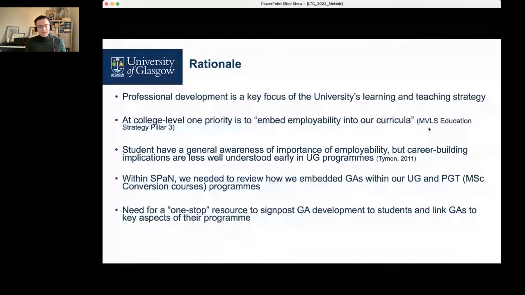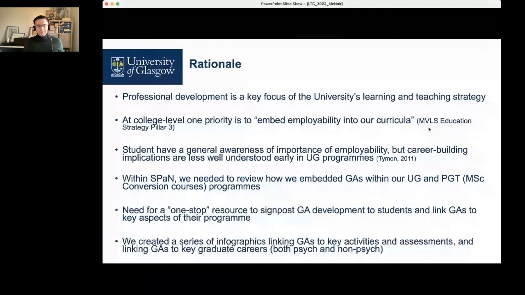In terms of student-facing resources, we recognised a need for a one-stop resource that signposts students towards graduate attribute development and spells out everything that they need in terms of understanding where they're developing their graduate attributes and how in their program.